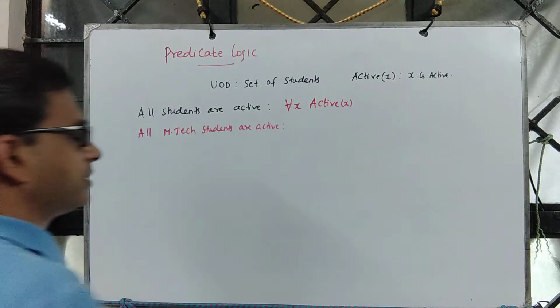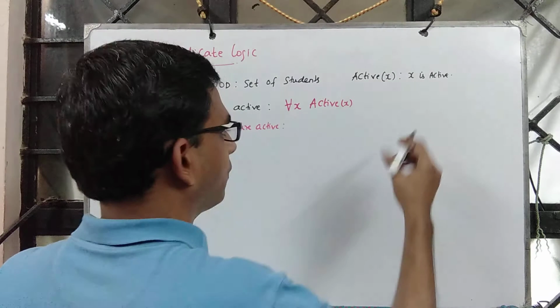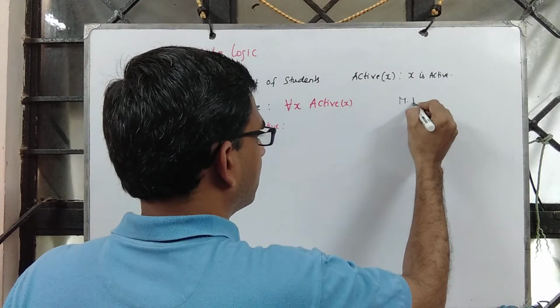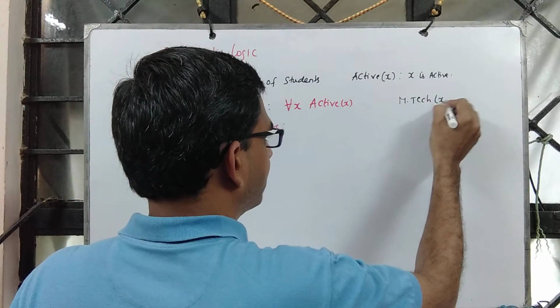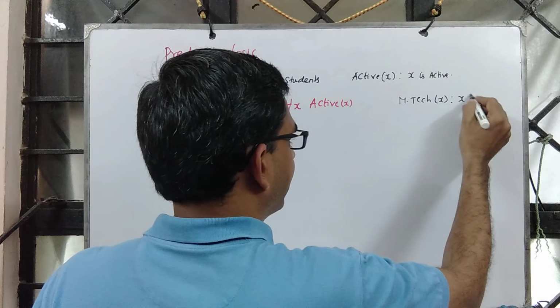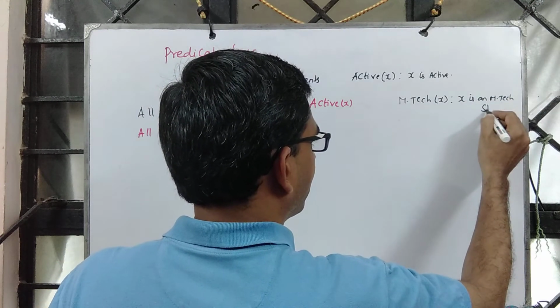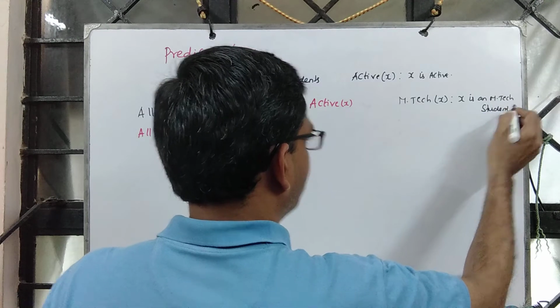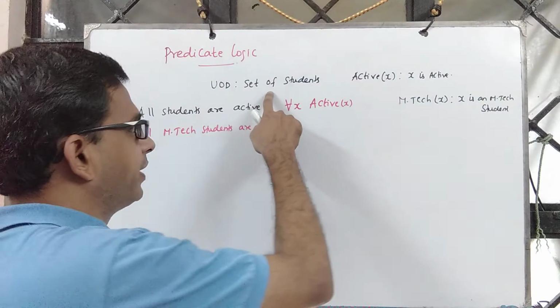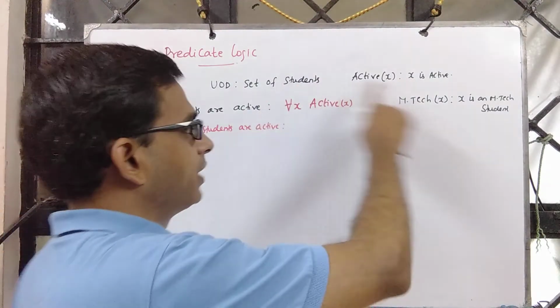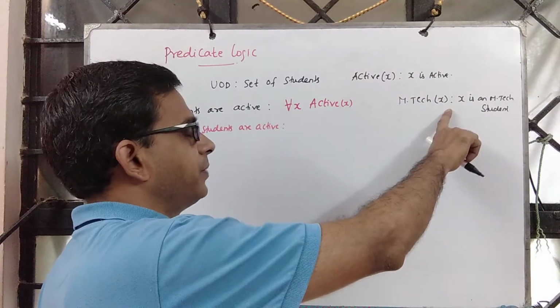Suppose the statement says all MTech students are active. If this is the case, then I need to define one more predicate called MTech of X, which means X is an MTech student. When you take an element from the universe of discourse, X is a student. This says X is an MTech student.